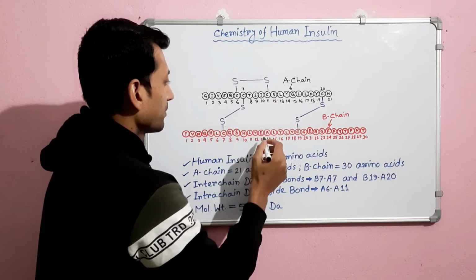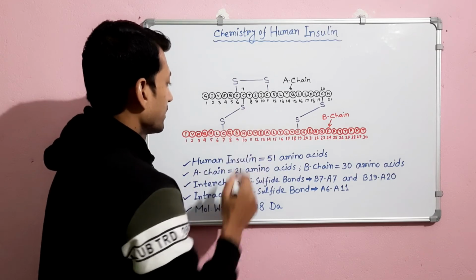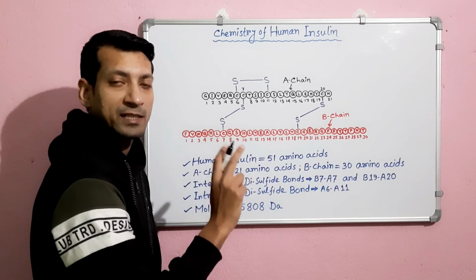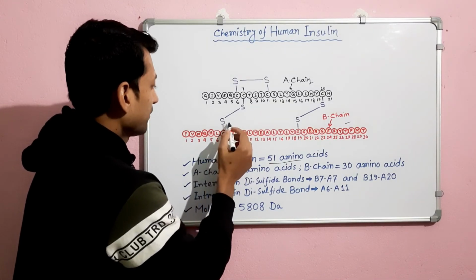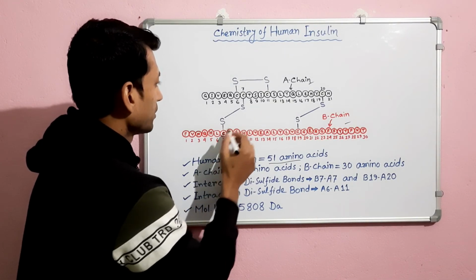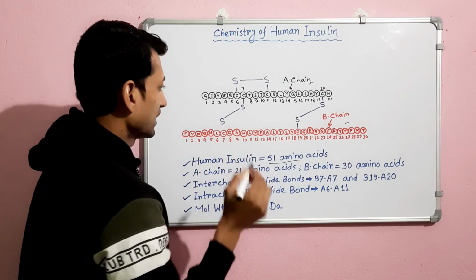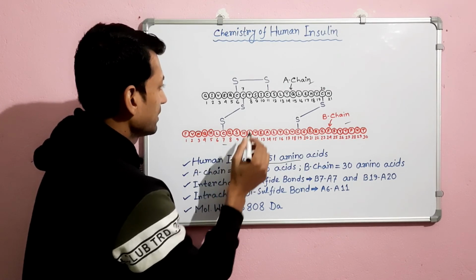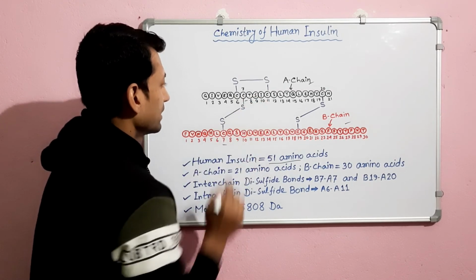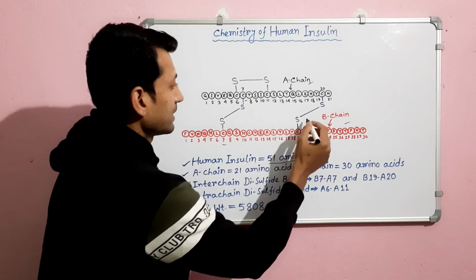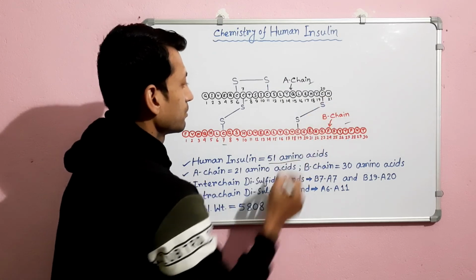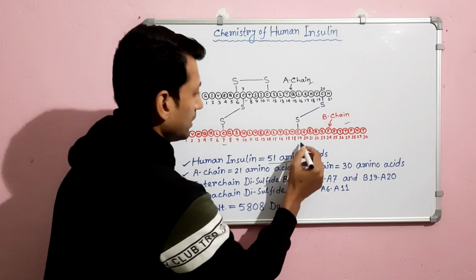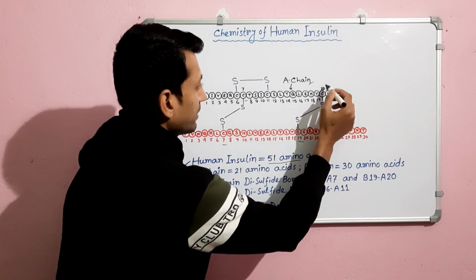A chain and B chain are connected by two interchain disulfide bonds. This disulfide bond is created between the cysteine residues at the position of B7, A7, and this disulfide bond is created between the cysteine residues at the position of B19 and A20.